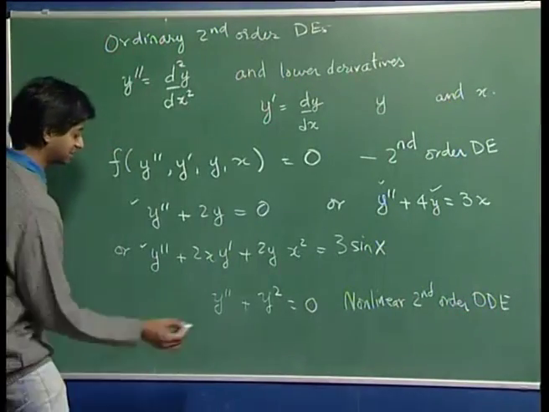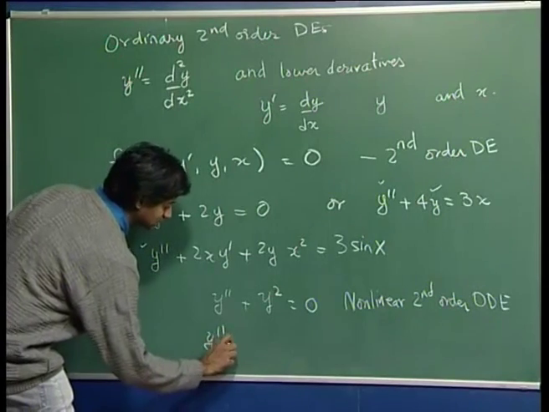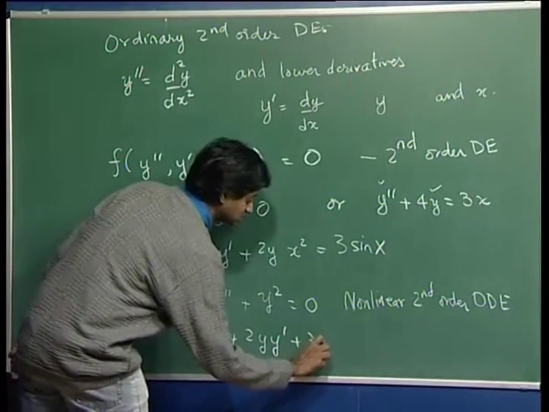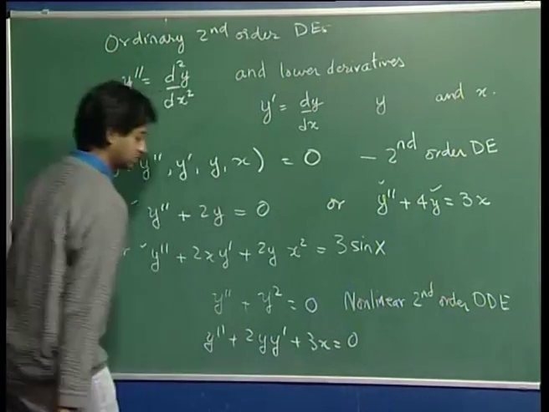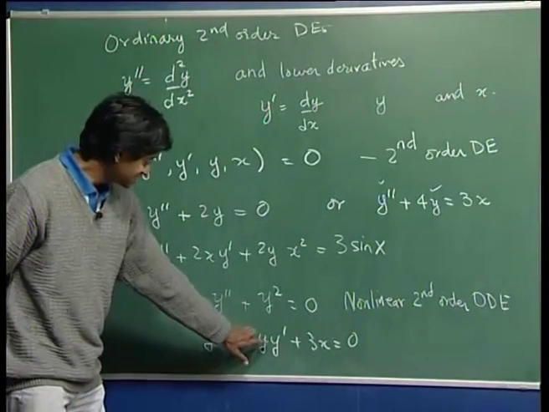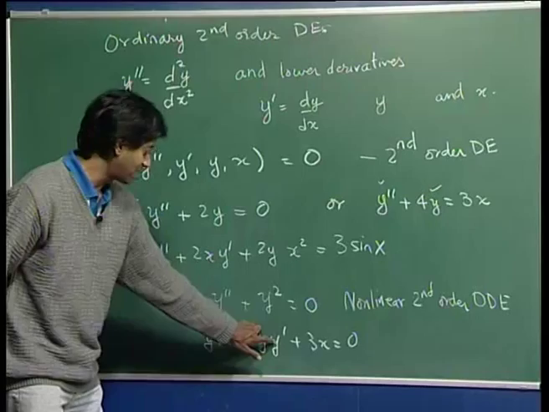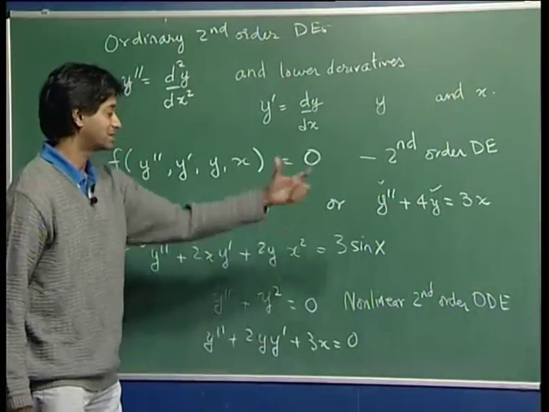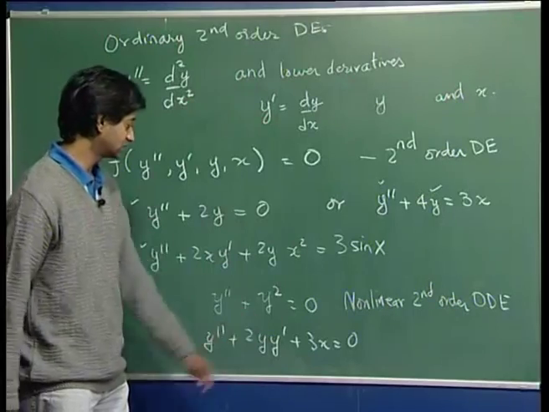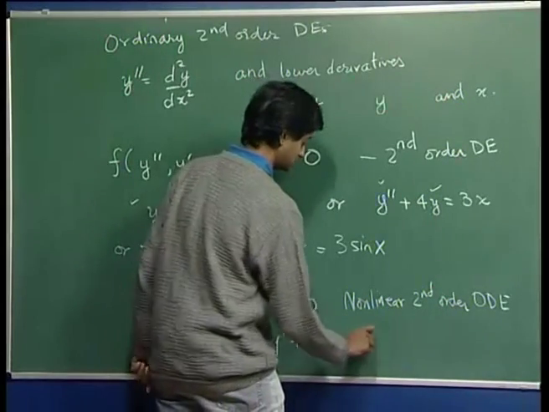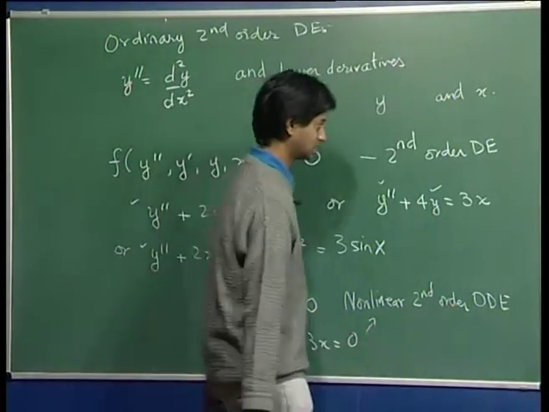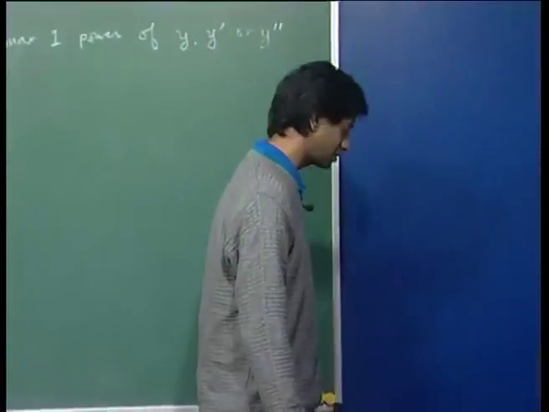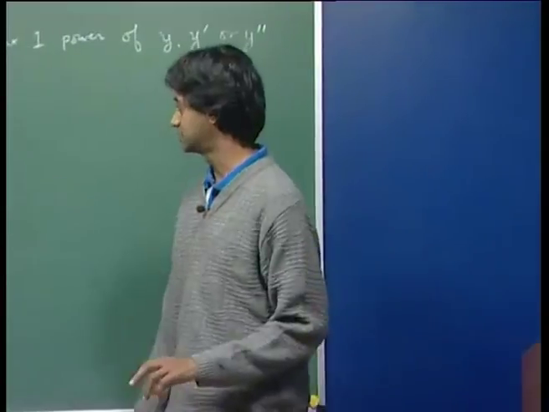Similarly, you could have a non-linear second order ODE of the form where this term contains 1 power of y prime and 1 power of y. So, effectively it contains 2 powers of y or its derivatives. So, this is also nonlinear. So, you can have linear or nonlinear second order differential equations.